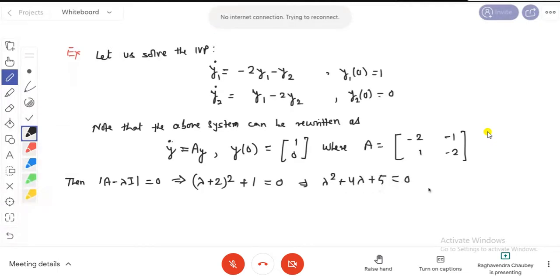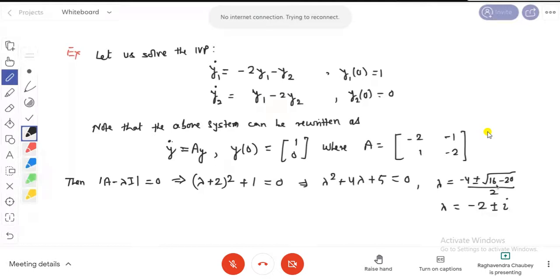So this means lambda has a complex root here. Lambda equals minus 4 plus or minus root of 16 minus 20, over 2. So lambda is minus 2 plus or minus i. So these are your eigenvalues lambda 1 and lambda 2.